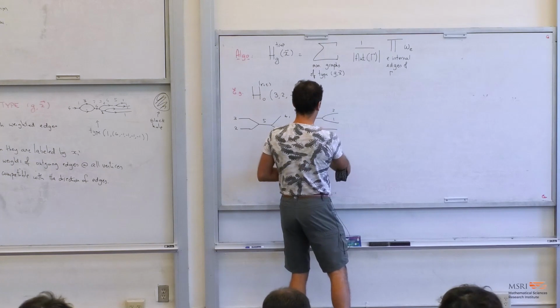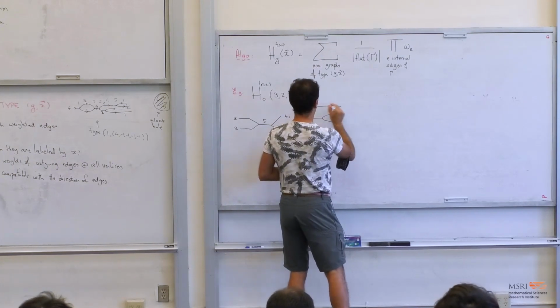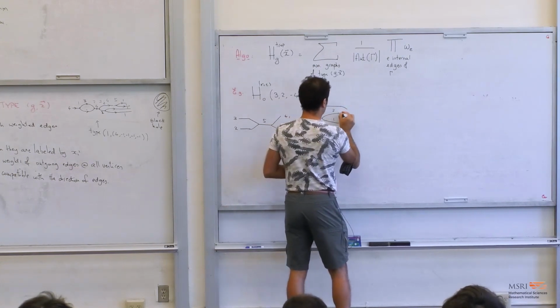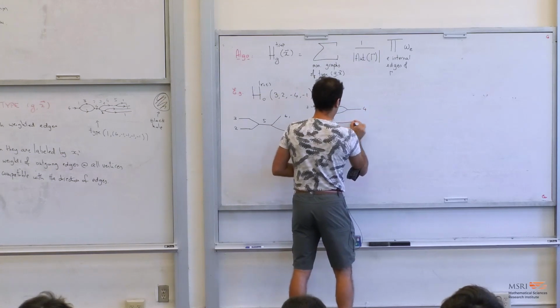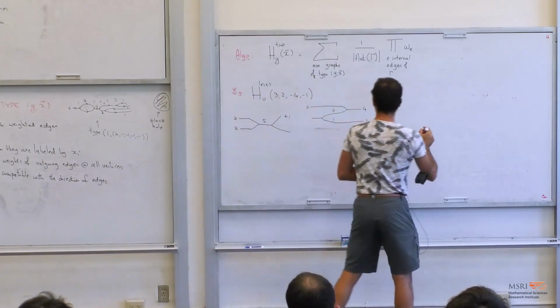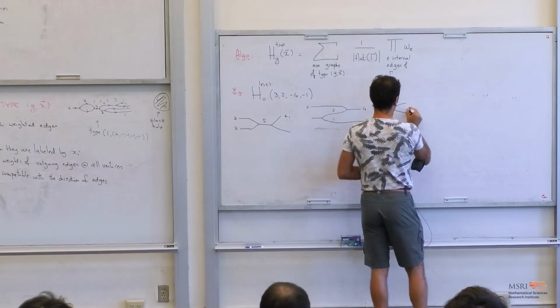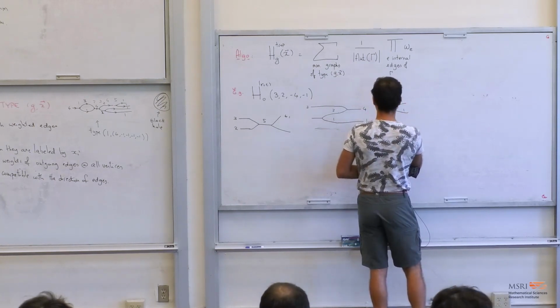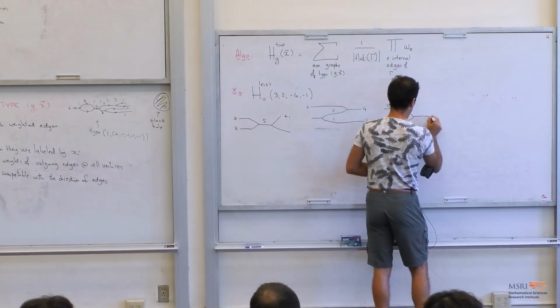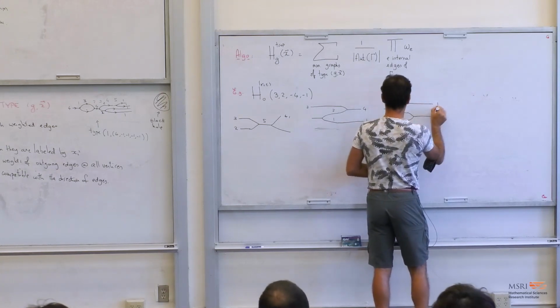This is a 2. I can join these two to a 4 and a 1. Or I can open the 2 and then I have my 3, 4, and a 1.